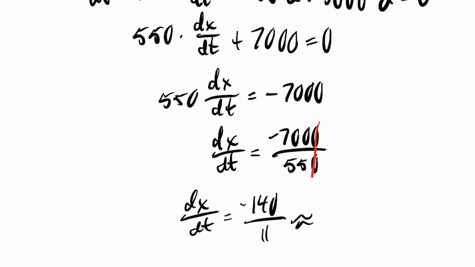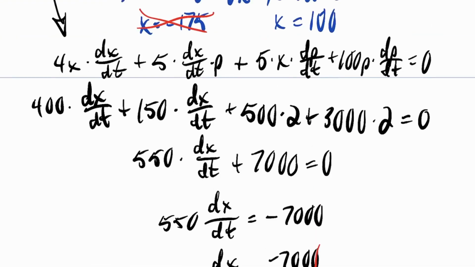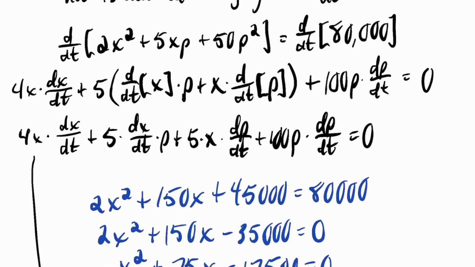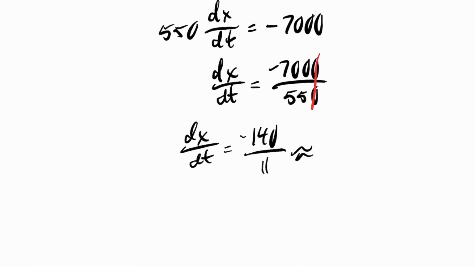And that is approximately negative 140 divided by 11, 12.72. This is quantity. Okay, we'll go with 12.72. That's fine. Or 73 rather, rounds. Negative 12.73. So this means that demand will go down by about 13 units.